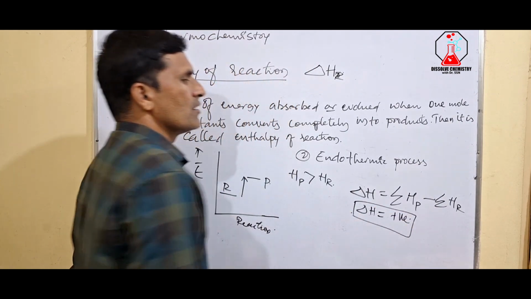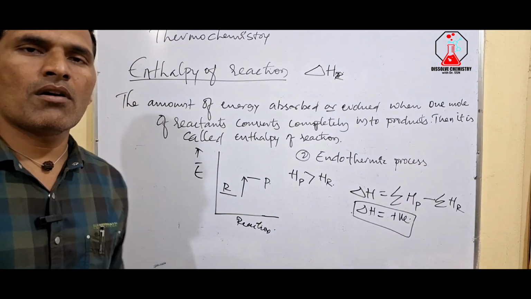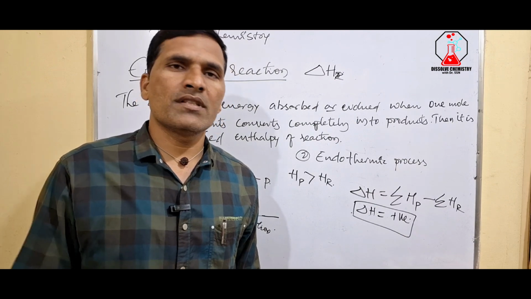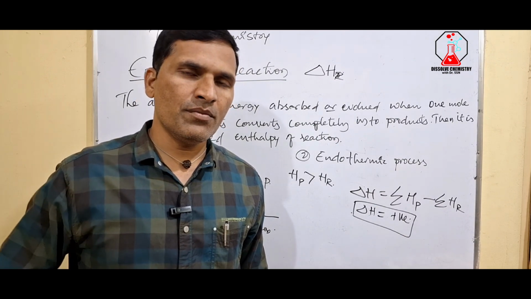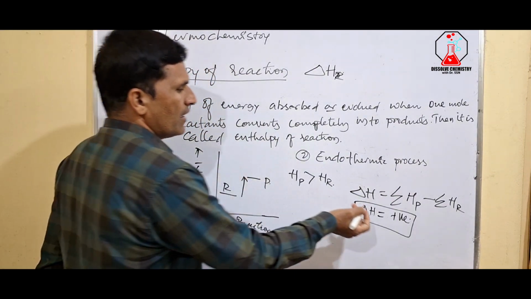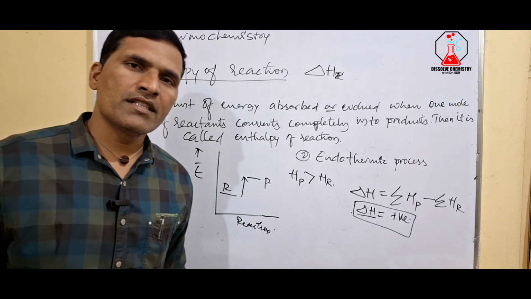So during the process, if energy is absorbed in the form of heat, then those processes or reactions are said to be endothermic reactions, and delta H for such reactions is represented by the positive sign.